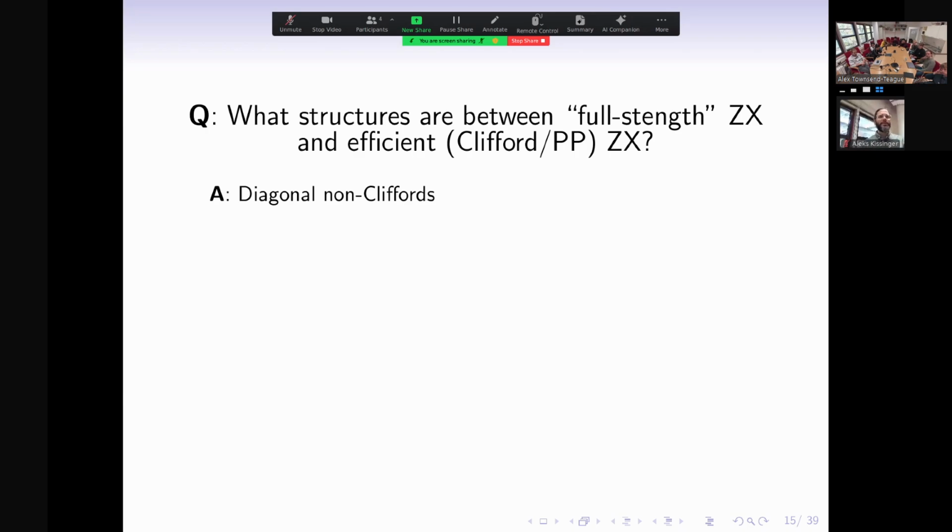If you know about the Clifford hierarchy, the diagonal third level of the Clifford hierarchy are basically the gates that I can build with CNOT and T. So maybe I prepare a bunch of complicated parities, I do T gates on those parities, and then maybe I uncompute them. Already because I described it that way, you can tell that there's some structure to these circuits.